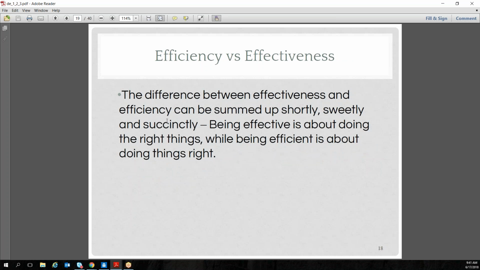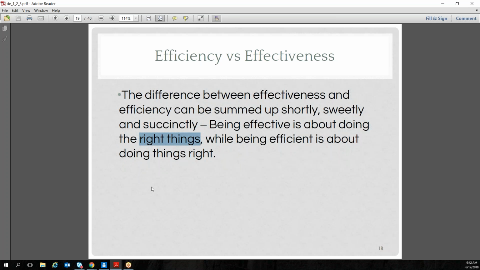In technical terms, the difference between effectiveness and efficiency can be summed up shortly, sweetly and succinctly: being effective is about doing the right things, which means whether we are achieving our goals or not, while being efficient is about doing things right. This is the main difference.